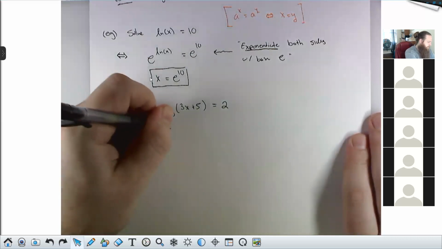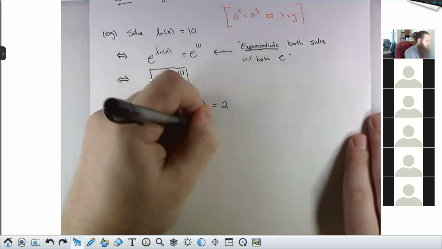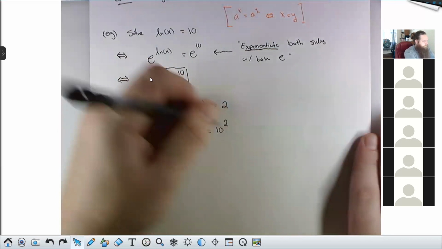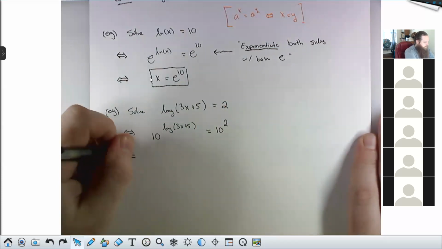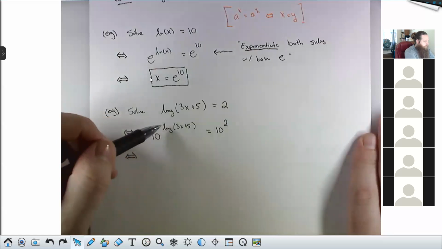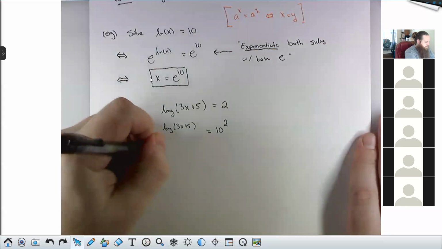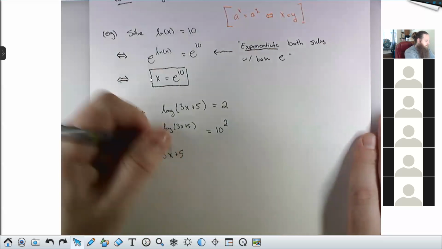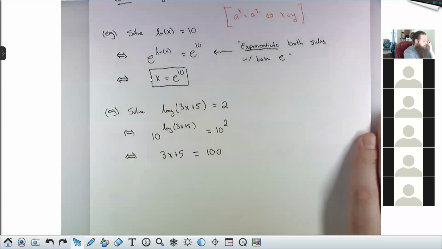I get 10 to the log of 3x plus 5 equals 10 to the 2. Ten raised to the common log of 3x plus 5 is 3x plus 5. And 10 to the 2, that's not so bad. That's 100. I can just go ahead and write that.